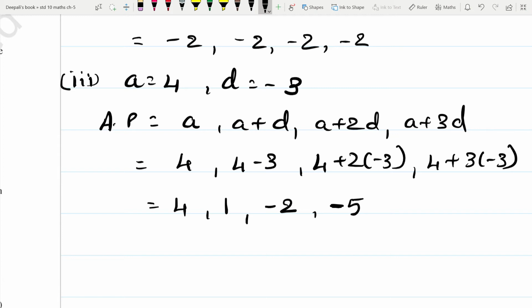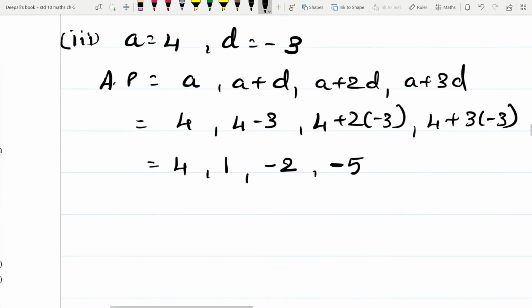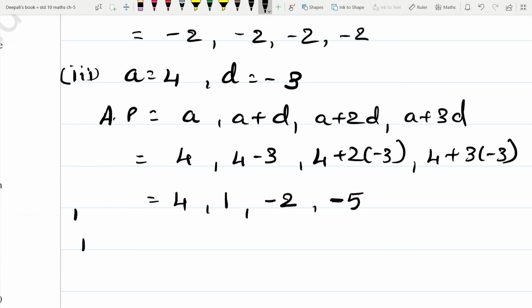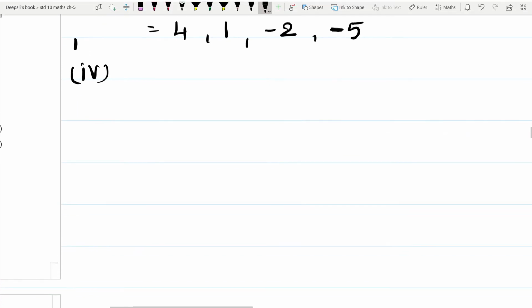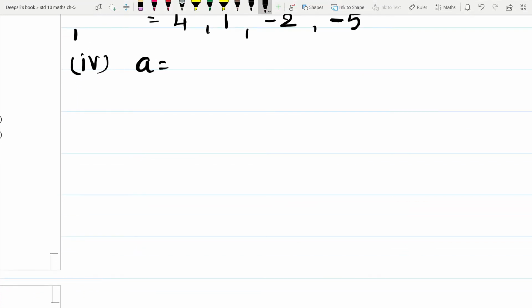That is my AP. Number 4, A is equal to minus 1, D is equal to 1 by 2.